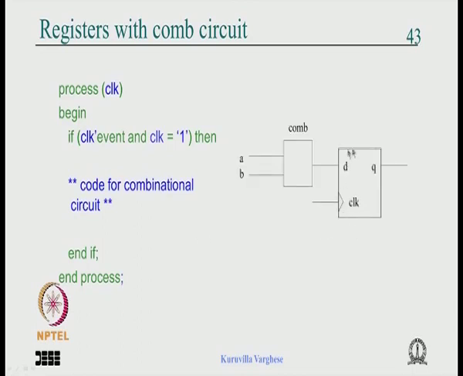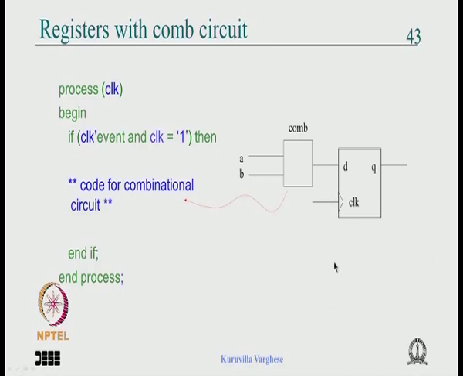You get a flip flop or a set of registers, and depending on what you write, you get whatever combinational circuit you have written the code for, that comes before it. Okay. So it is a very convenient way of coding a register and a combinational circuit preceding it, not something after it.